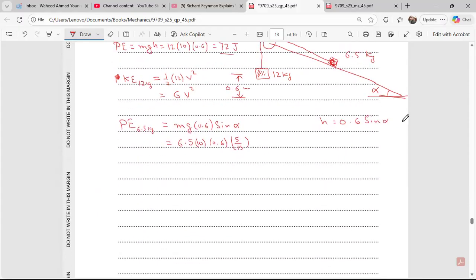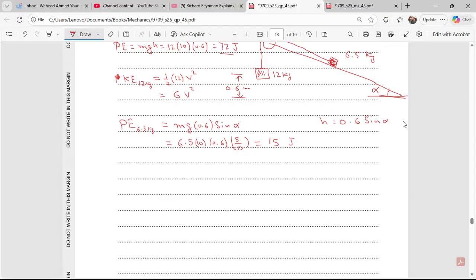Okay, so let me calculate it quickly. It is going to be 65 times 0.6 times 5 over 13. So this is going to be 15 joules.